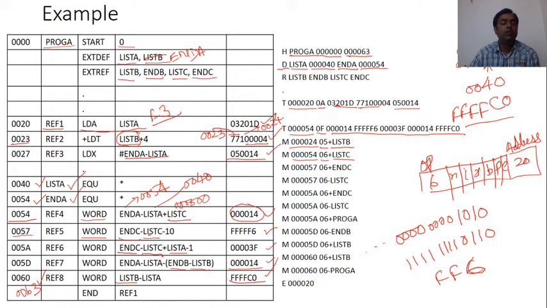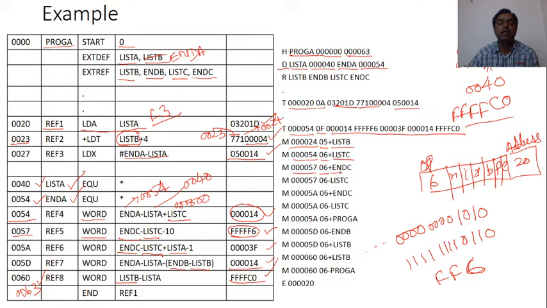We have to add the value of end C and subtract the value of list C to get the exact value of this expression. So at address 0057, 06, that means we have to add in the whole object code. You can see here this is written in word. I have to add end C and subtract list C in this value.